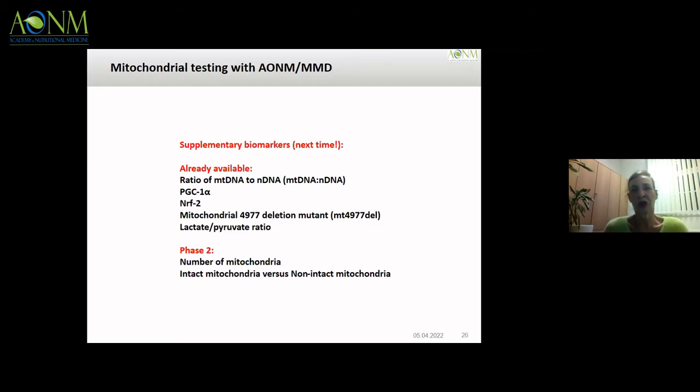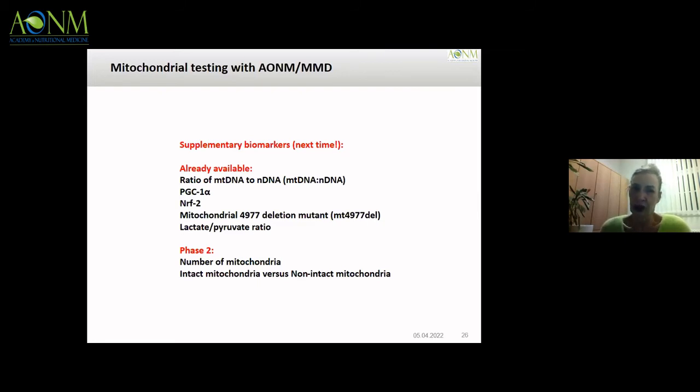Also, it is important to know whether the cell is already signaling to produce new mitochondria by PGC-1 alpha. It's also important, if you see that your cell is producing a lot of reactive oxygen radicals, to know whether your cell is already producing NRF2, which is an antioxidant and is fighting the oxygen radicals.